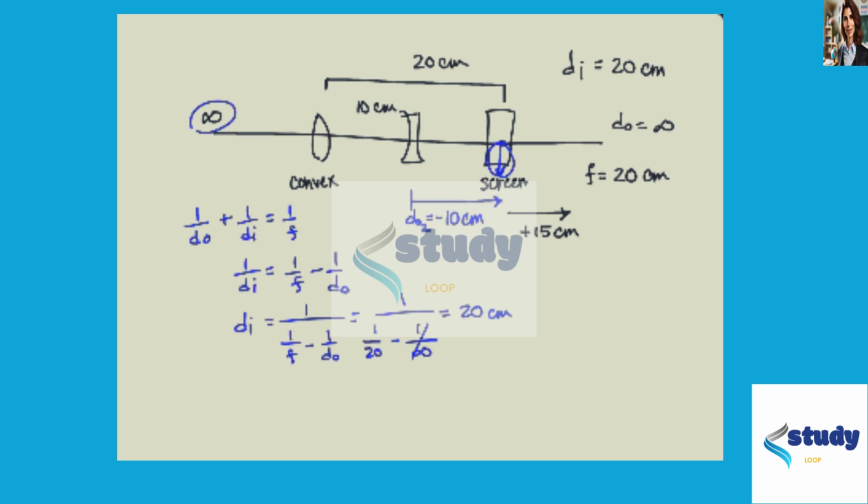So then using that information, again, we now move that screen back 15 centimeters. So now this distance was 10 plus 15, now 25 centimeters. Now we can use that information to solve for the focal length of the concave lens. So using the same equation, 1 over dO plus 1 over di equals 1 over f. Again, you want to inverse the entire fraction.